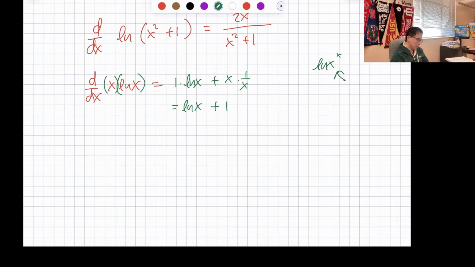Okay, so the next one's a little bit harder. What's the derivative of parenthesis ln of x to the cube? Be cautious.